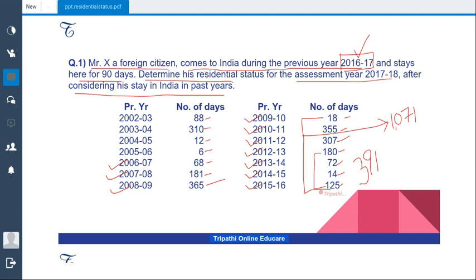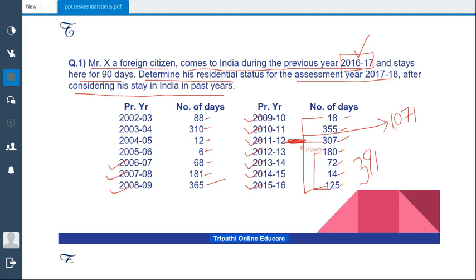Now, by looking at this case, we can make out he is resident of India for more than 2 years, because the condition says residing 182 days or more in India during the previous year. So if you check 2011-12, he was in India for 307 days, which is more than 182 days.